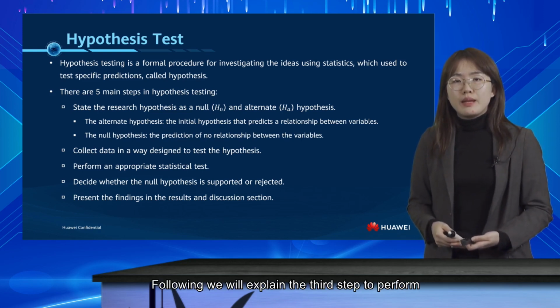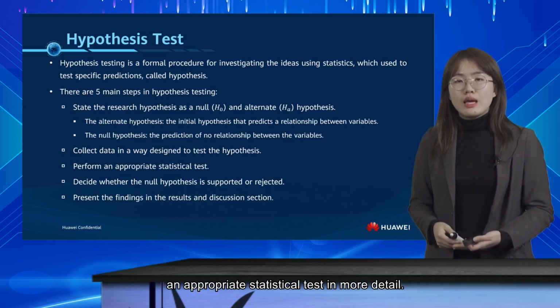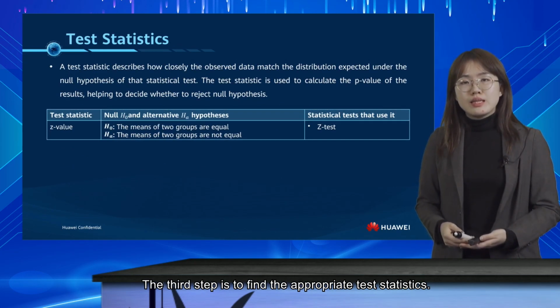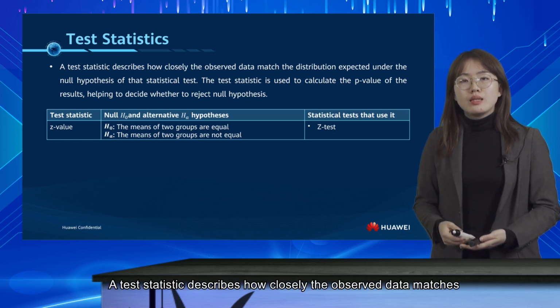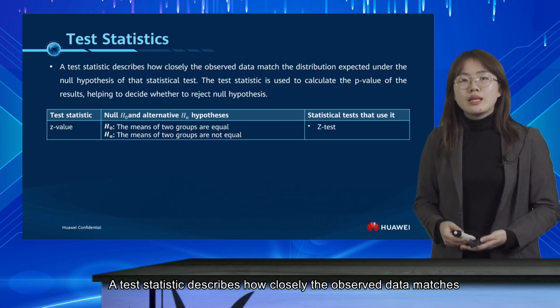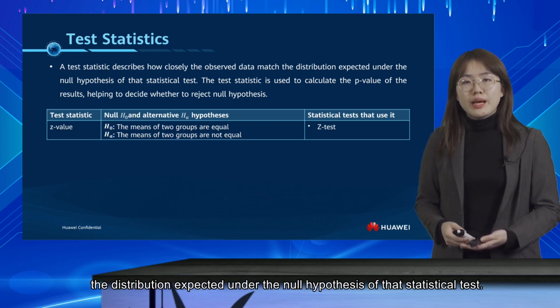Following, we will explain the third step, to perform an appropriate statistical test, in more detail. The third step is to find the appropriate test statistic. A test statistic describes how closely the observed data matches the distribution expected under the null hypothesis of that statistical test.